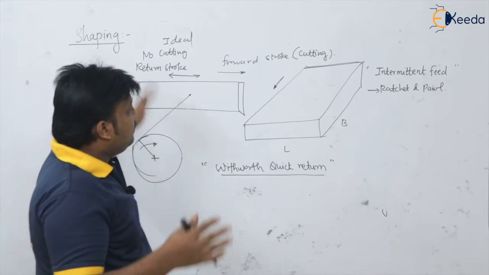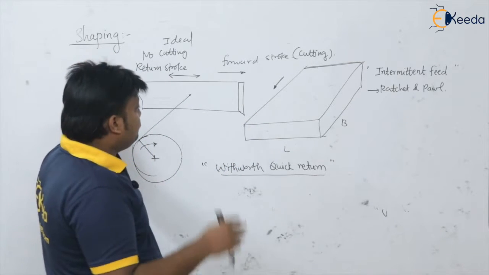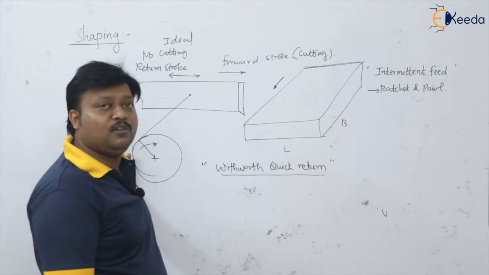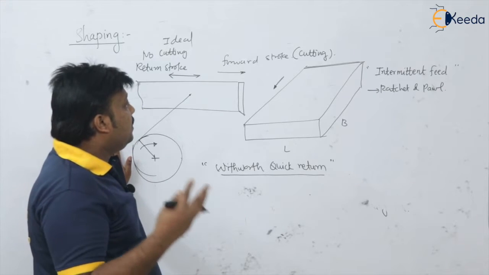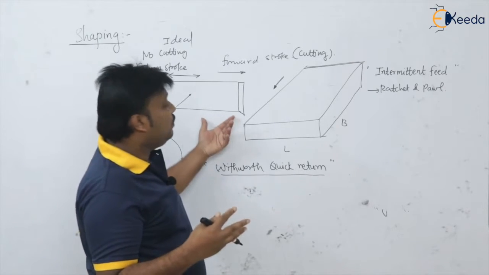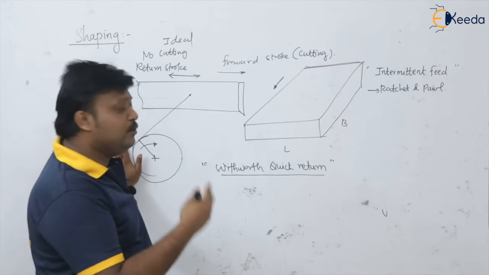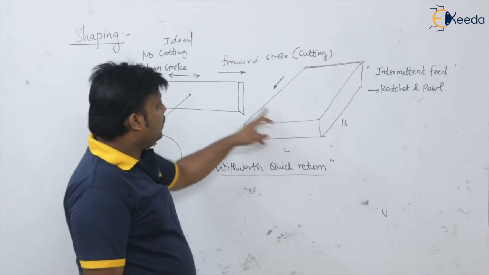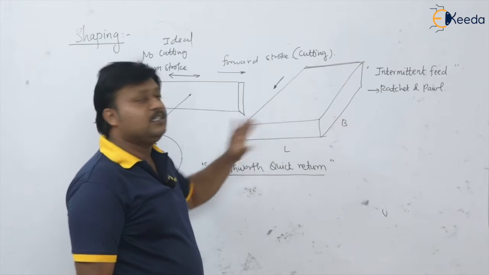So when the width of the workpiece is very large, if you use only a single shaping machine, then definitely the time required for the machining will be very high. So in that case what we are doing, instead of one tool, many tools we are using for removing the material from the work surface. And here the tools are reciprocating while the workpiece is rotating.